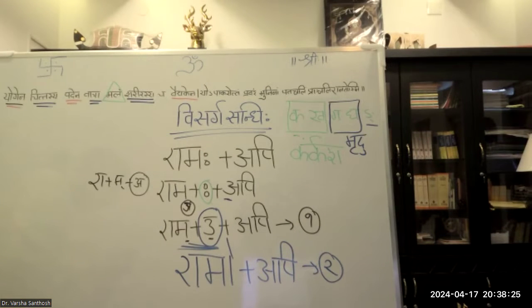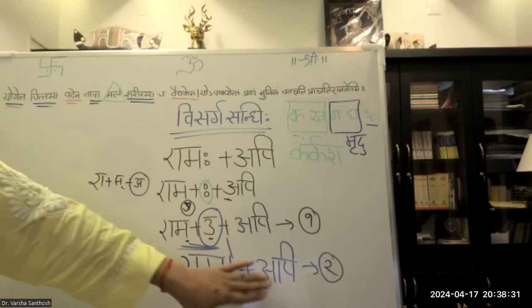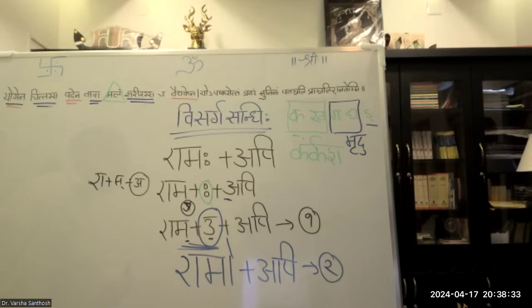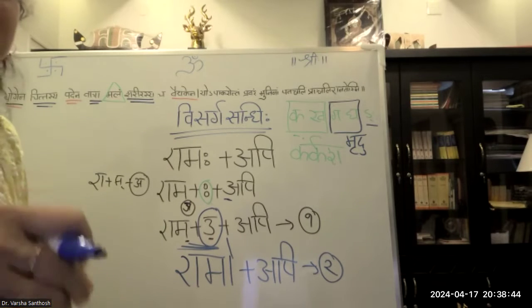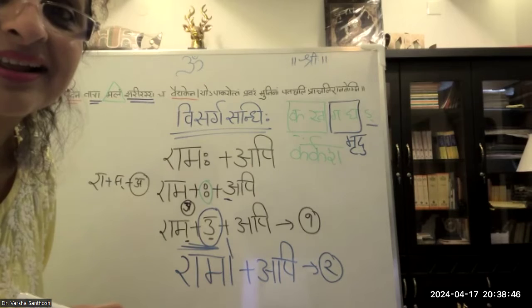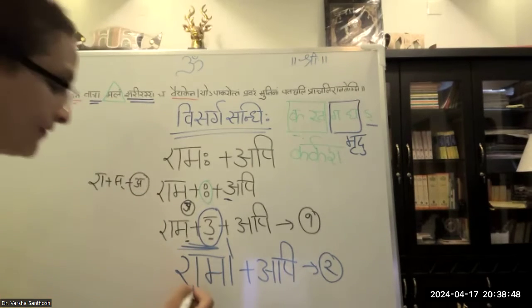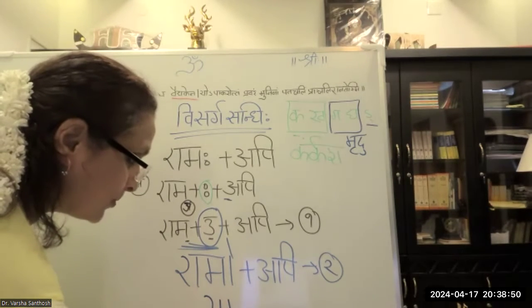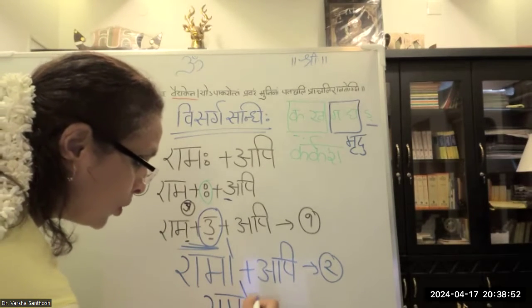Now you tell me what happens over there. O and A. Will there be an avagraha? Yes, avagraha. What is that Sandhi called? Purva Rupa Sandhi. So our final answer is going to be Ramo 'pi.